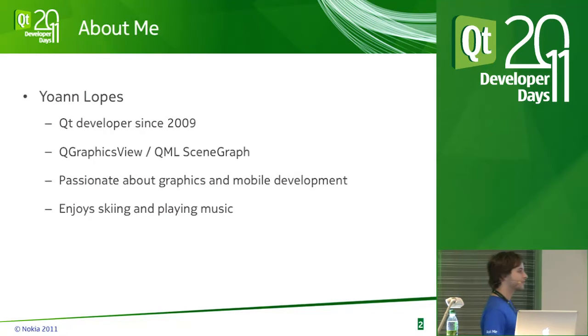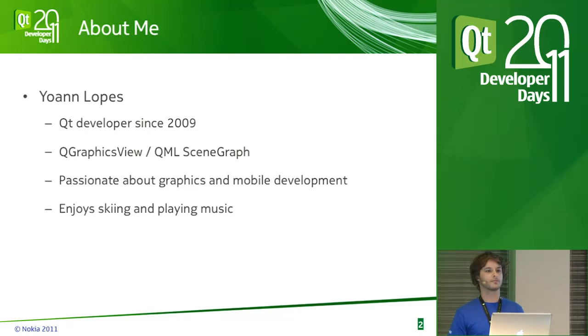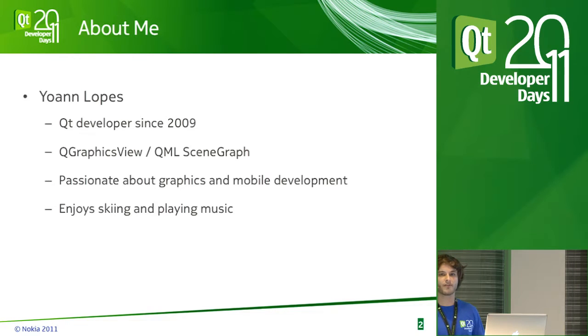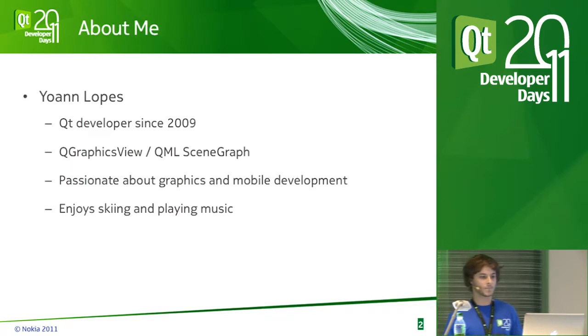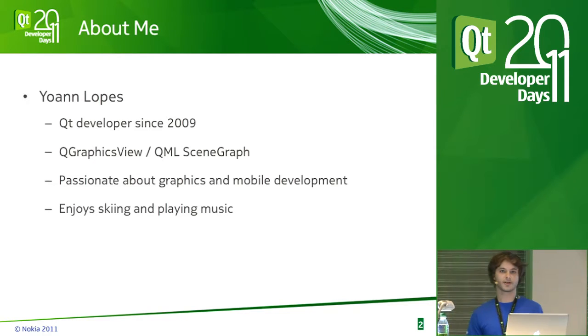For the past 2 years, I've been working during the first year on Qt Graphics View. I've been a maintainer for it. I still am one. And in the last year, I've been working more on the SceneGraph project for QML, and more specifically on text rendering. You maybe have read my blog on Qt Labs about distance field text rendering.